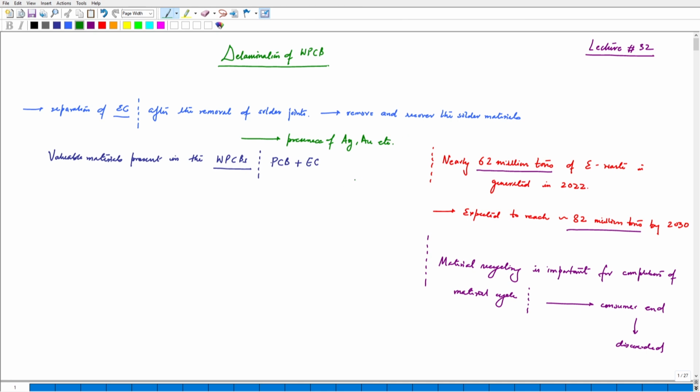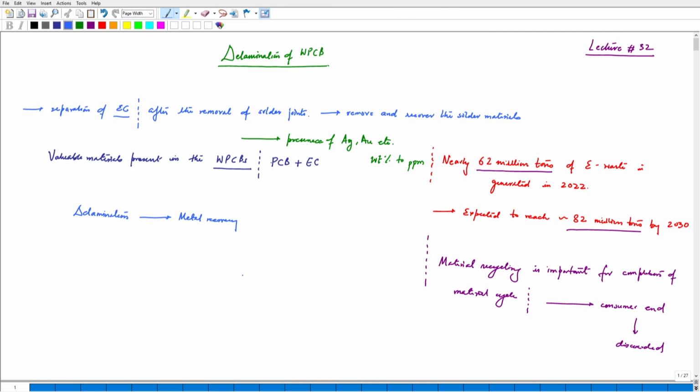And this concentration can be in the range of weight percent to ppm, depending on what metal we are trying to look at. So if you look at copper, it could be in weight percent, and some other metals may be in the parts per million or even lesser. So when we think of delamination, we are basically wanting to go towards metal recovery.